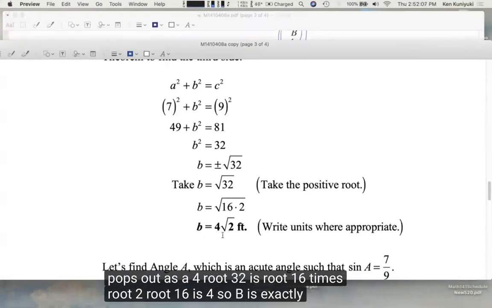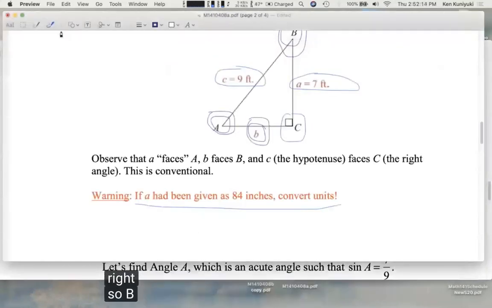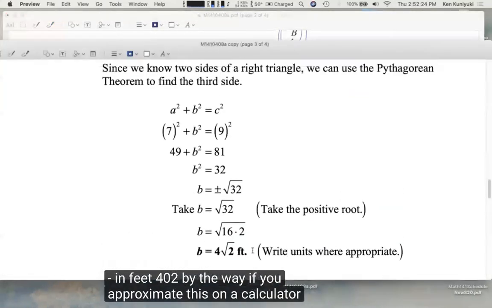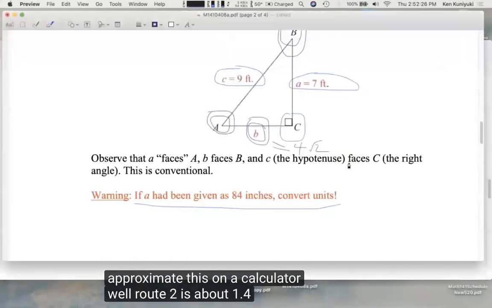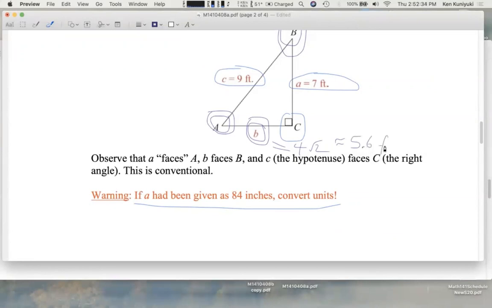So B is exactly 4 times the square root of 2 in feet. 4 root 2, by the way, if you approximate this on a calculator, well, root 2 is about 1.4, so I know that this will be about 5.6 feet. All right.